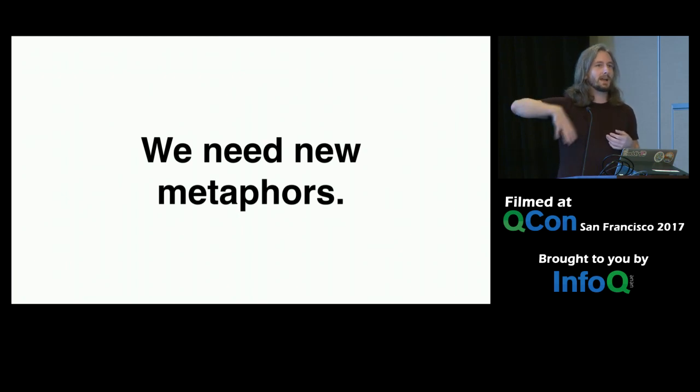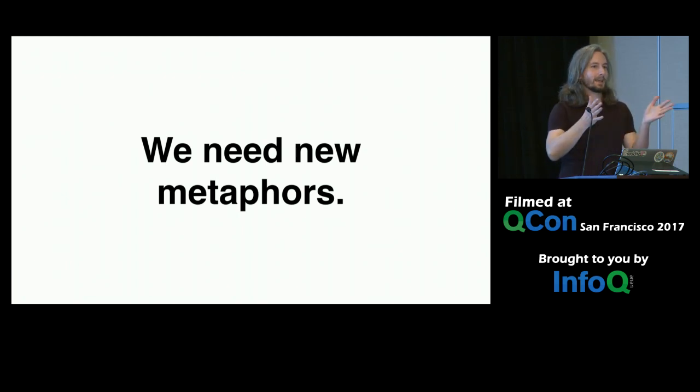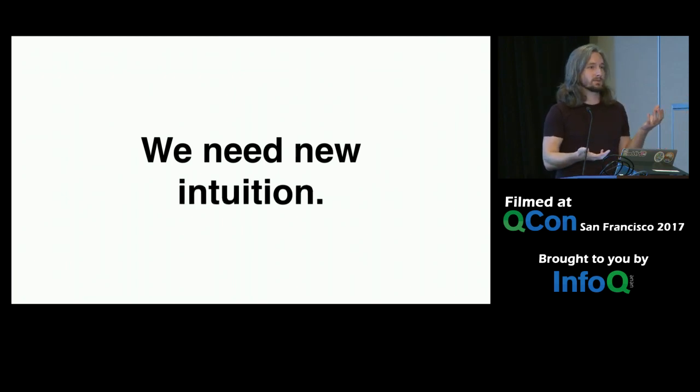There is no easy way to say, this is what I am imagining the system is going to do. We need new metaphors. We need new intuition for these types of things, right? We've all been building systems for a long time using this idea of single system image. And what we're lacking is the intuition to build systems like this. We also need more tools and frameworks for this. So that's all I got for you. Thank you.